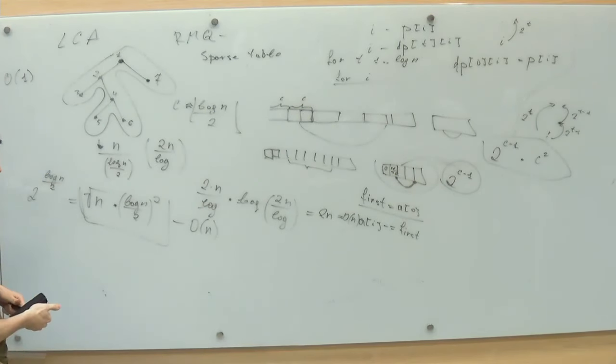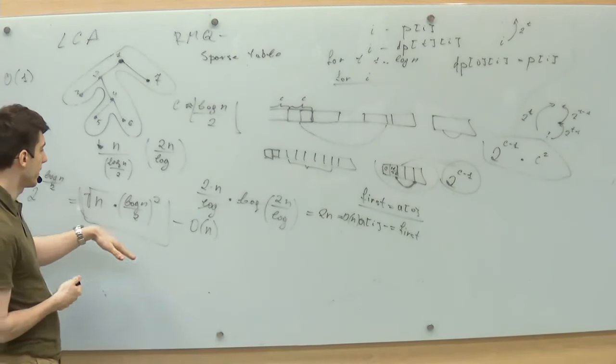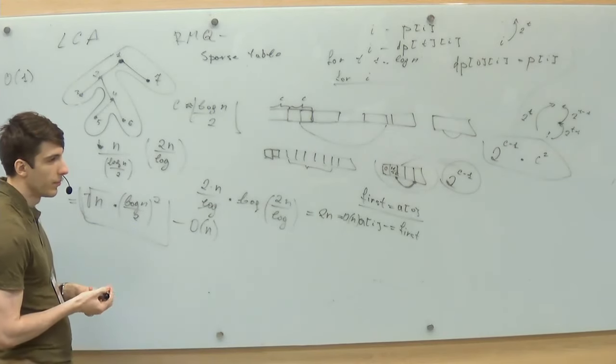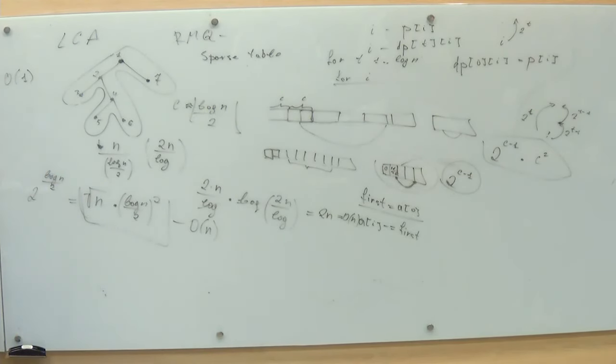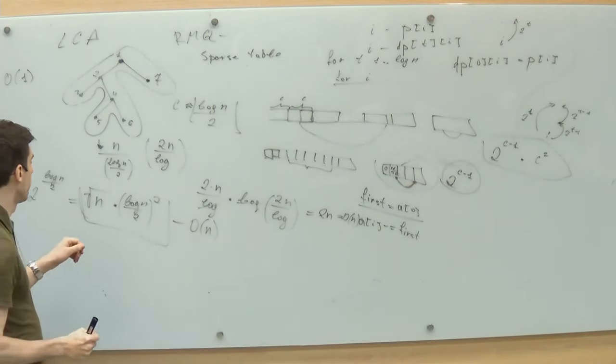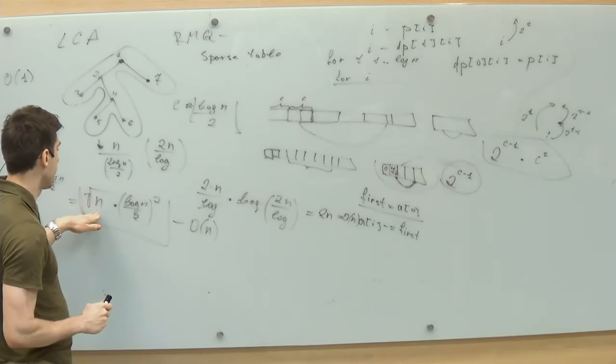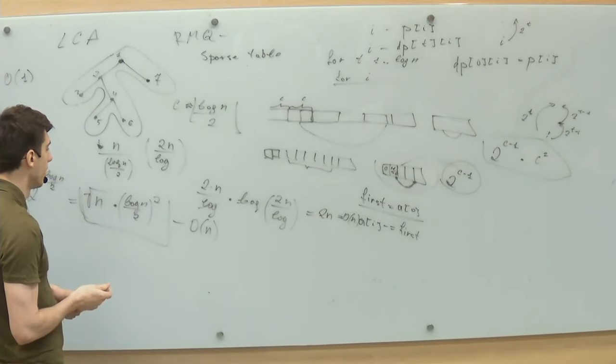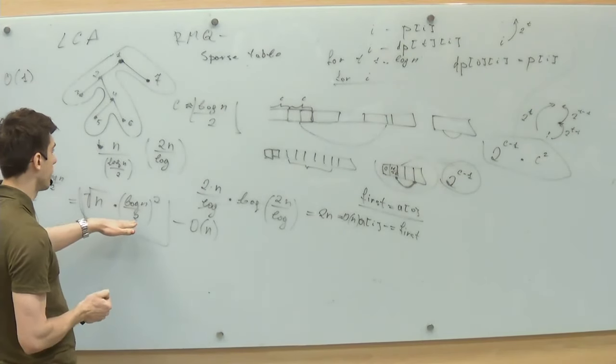So this again returns us to the question whether this method is always the best one. We have achieved that it is asymptotically the best one, but practically it's up to you. You have to consider if n is large enough, this method will be better.